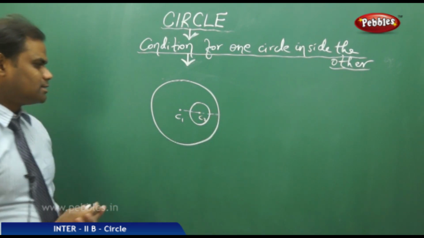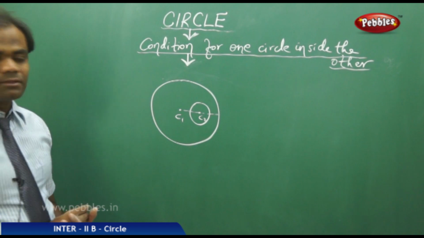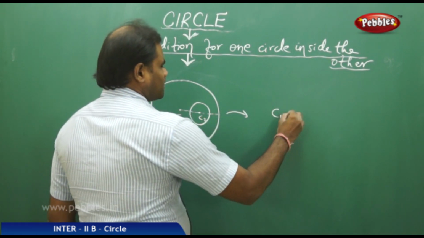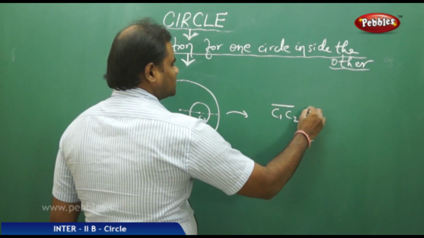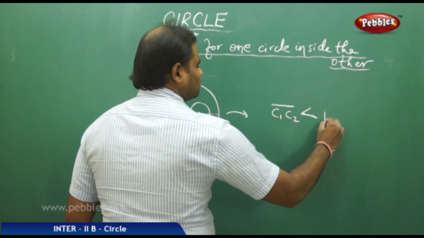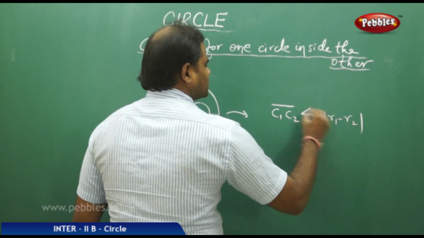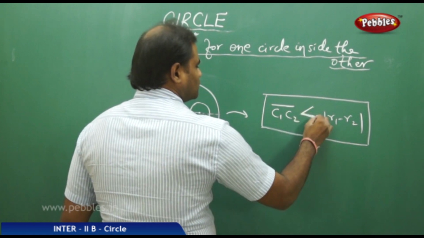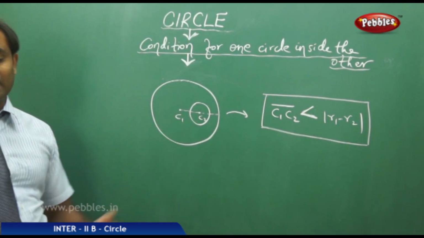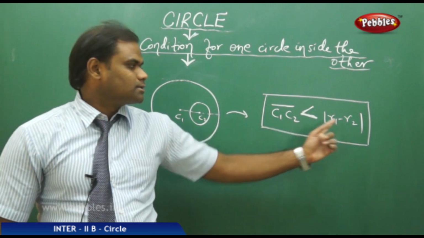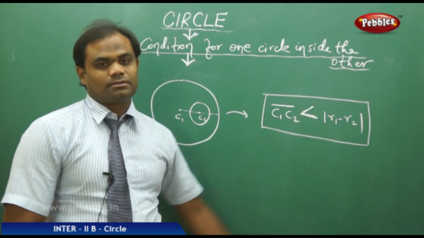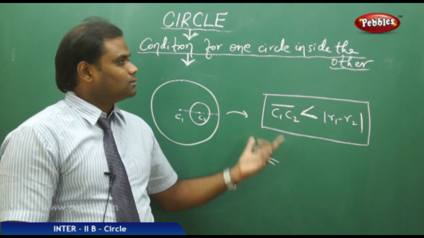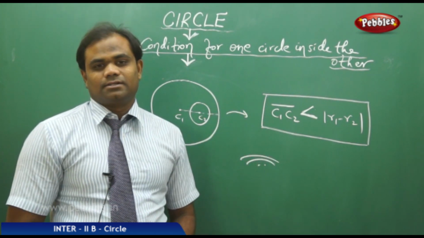Here I clearly see that the condition for one circle to be inside the other is that the distance between the two centers is less than mod of R1 minus R2. This is how we understand the condition for one circle to be inside the other circle.